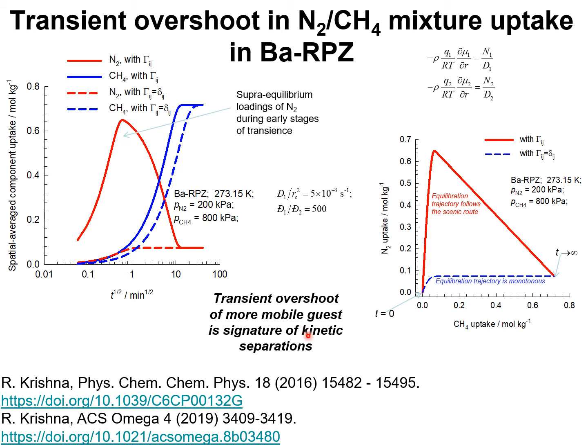This information is plotted in composition space in this right-hand diagram. This is time t is 0 and this is time t is infinity. With thermodynamic coupling, the component loadings follow a curvilinear path to equilibrium, whereas without thermodynamic coupling, the attainment of equilibrium is monotonous.